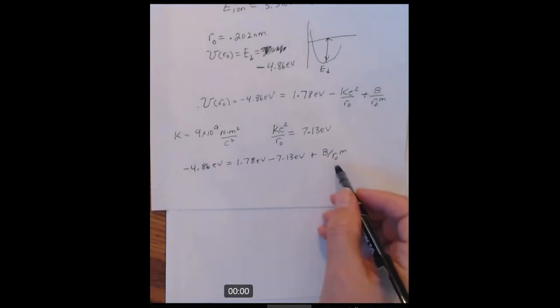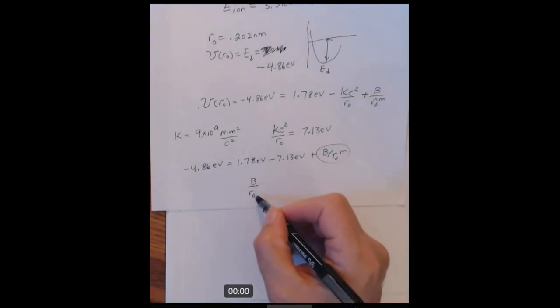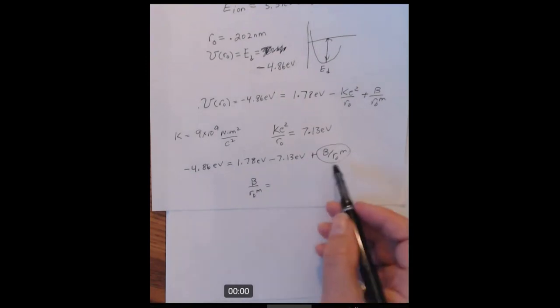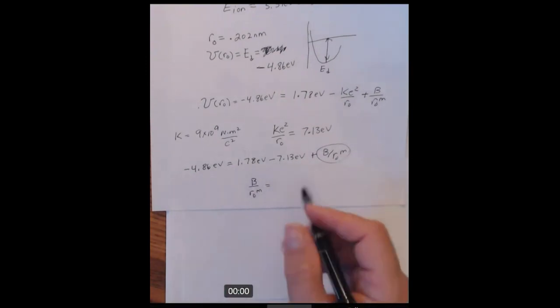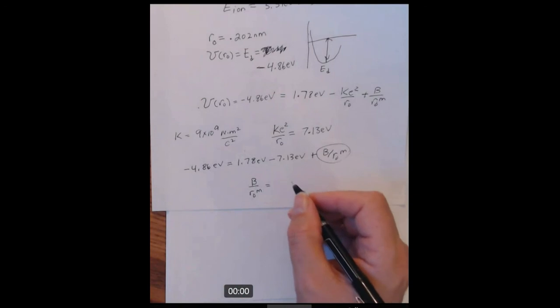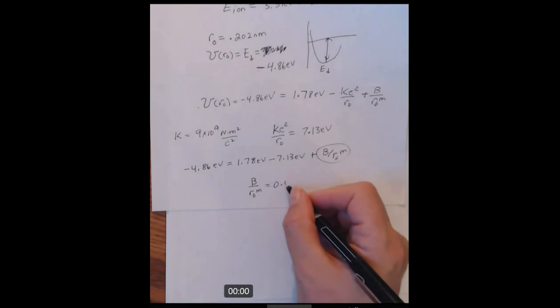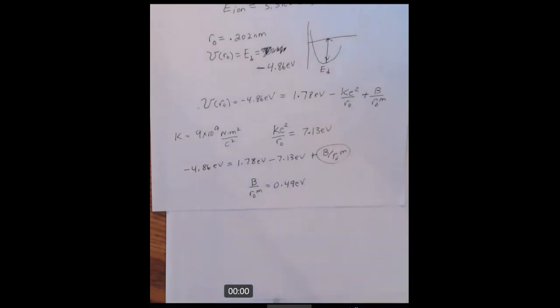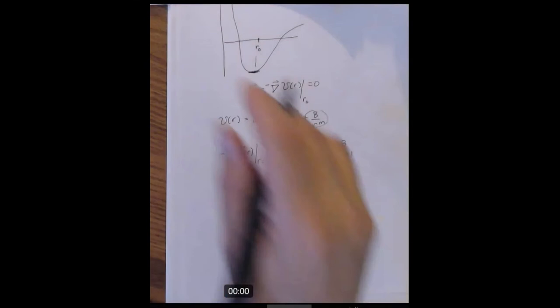Now if I go back to this and solve for the repulsive term, it's going to be equal to negative 4.86 minus 1.78 plus 7.13 eV. So that comes out to be a positive 0.49 eV. So we'll use that too.